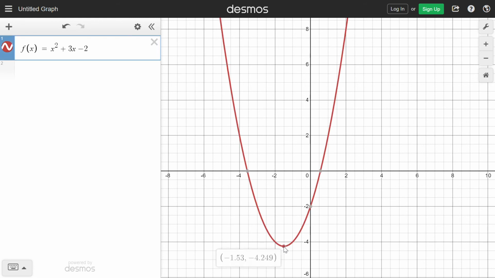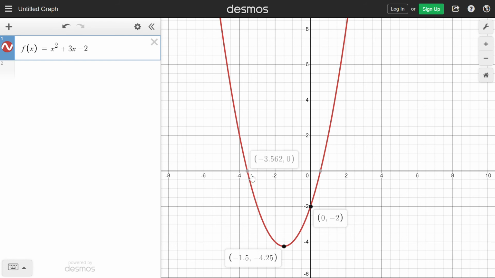What are they? Well, your turning point is right at the bottom there. So your turning point is negative 1.5, negative 4.25. Your y-intercept, now this is important, your y-intercept is a coordinate, 0, negative 2.